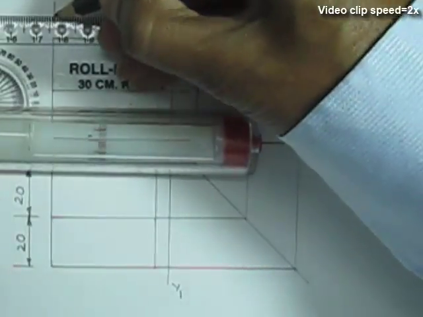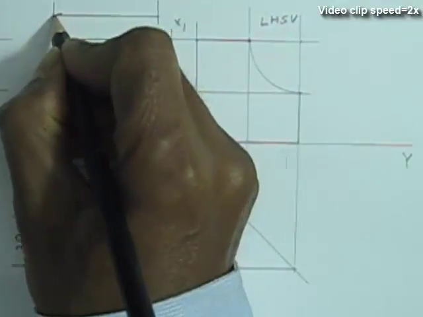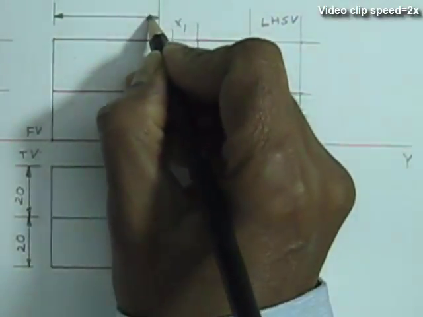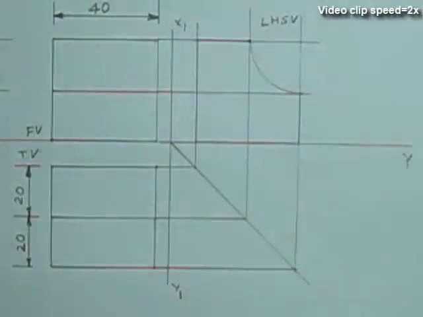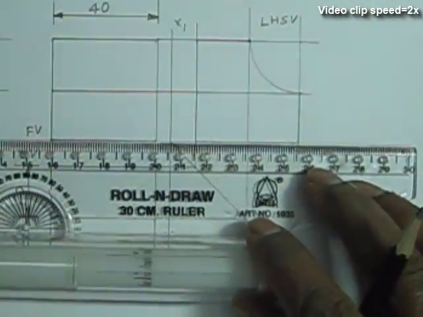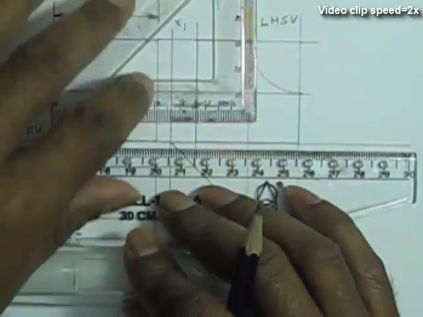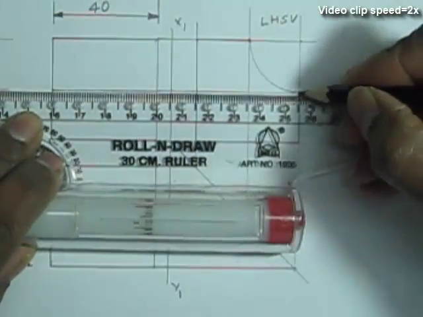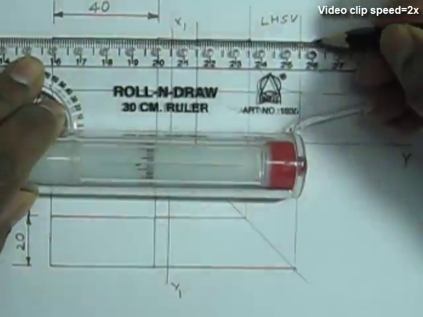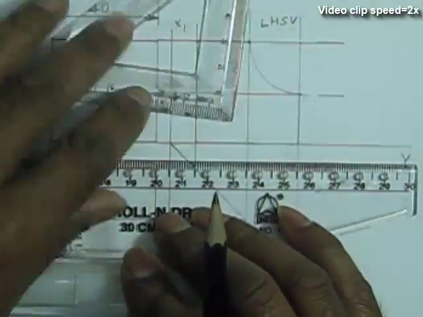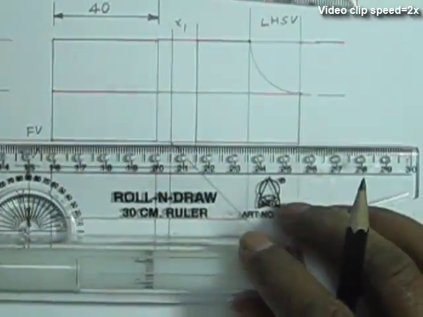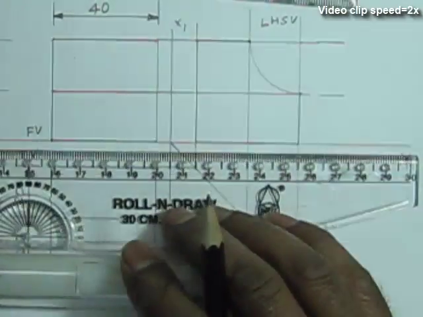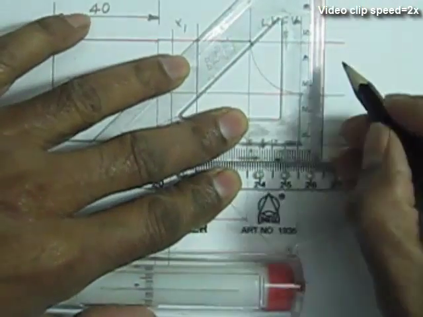This is 40 mm. This dimension gives us the radius of the curvature.